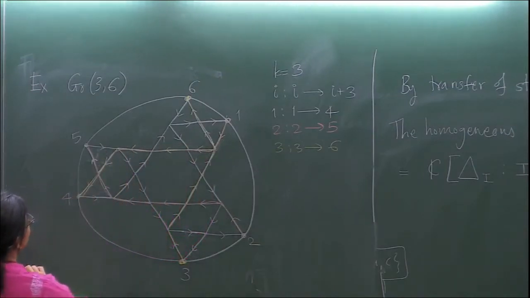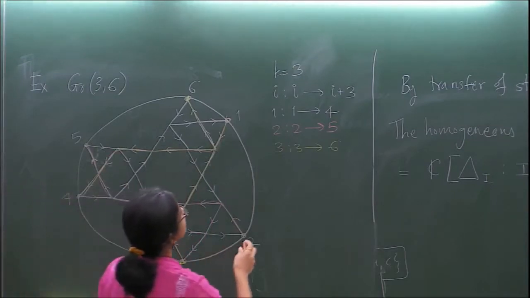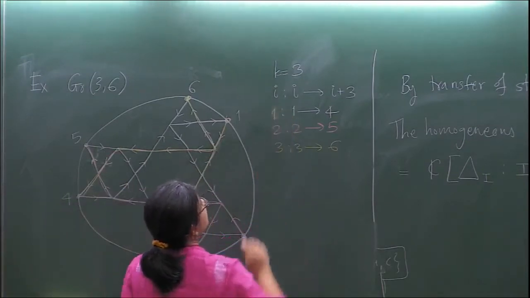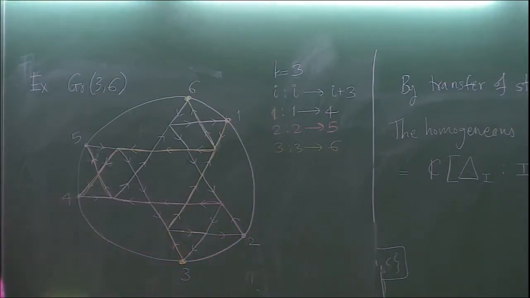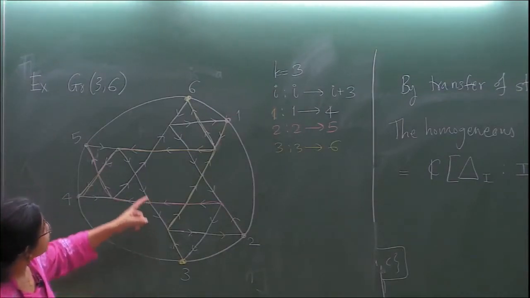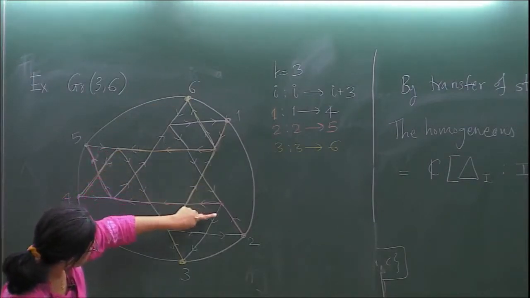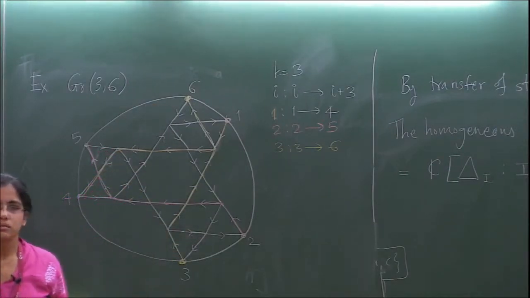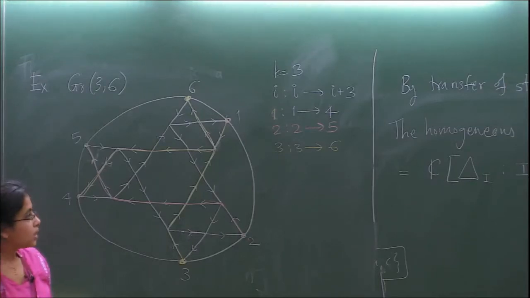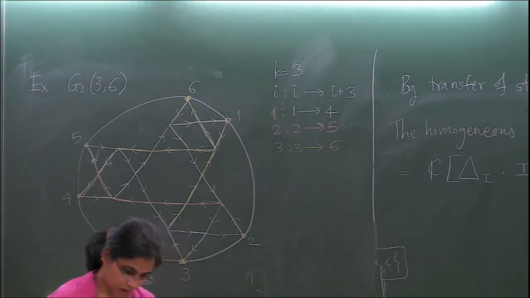So 1 goes to 4, and the orange one is that. And now you can see the other one. So 6 should go to 3, so this goes like that. Okay? Any questions?